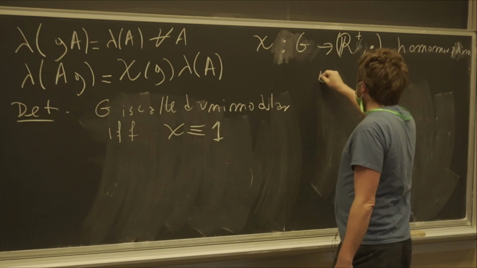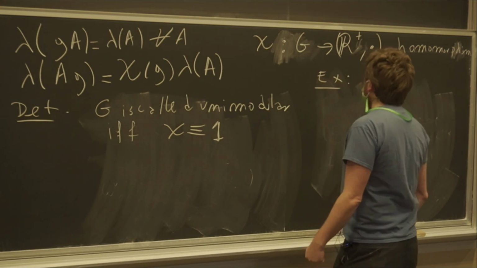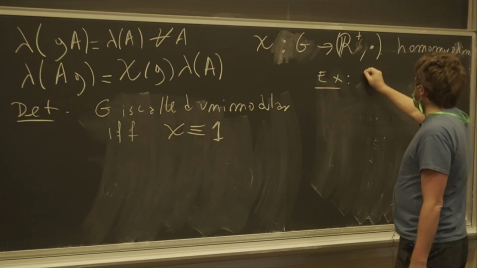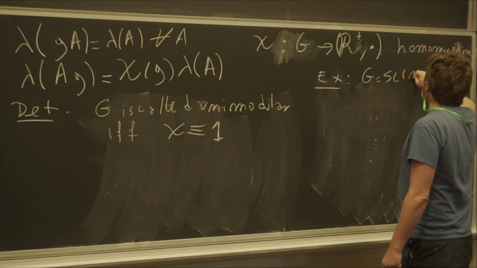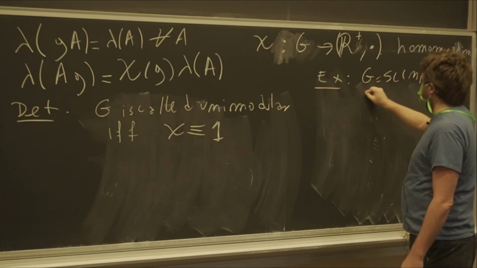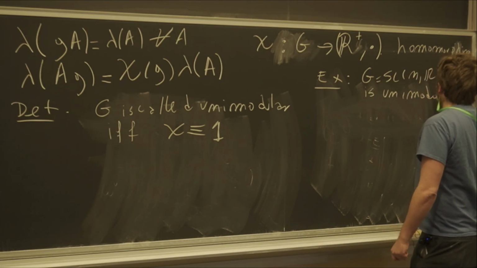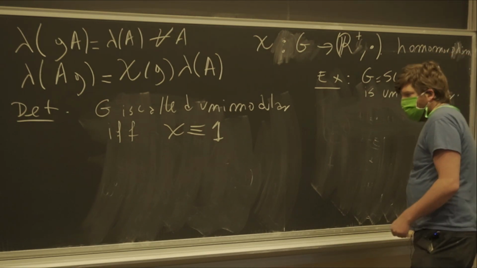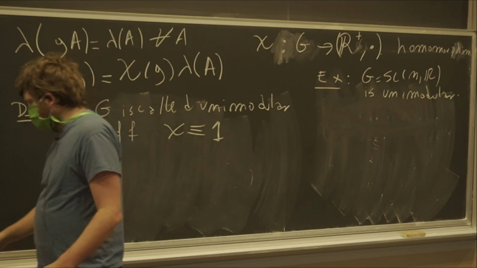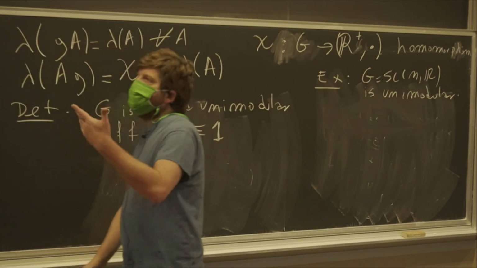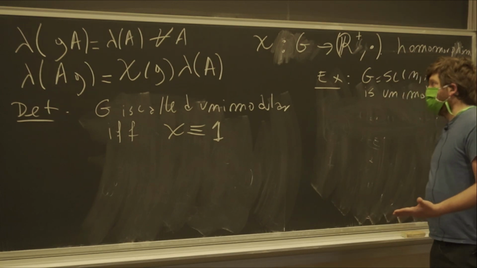And the example, there are two main examples which are important for me. One is when G is SLN R, it is unimodular. It requires some work, but it's not hard. It's quite trivial by some statement I already told you.